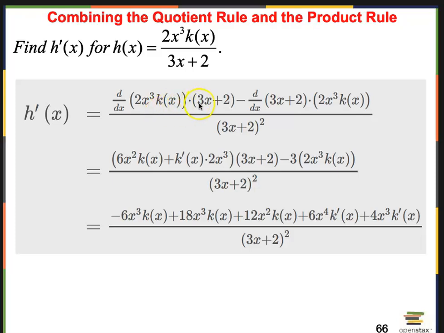So we used the quotient rule, and then down here, we added the product rule, where we have the addition. And like I said, it can get pretty tedious when you're looking at something this long. But I think it's good to see how you can use several different rules at one time.